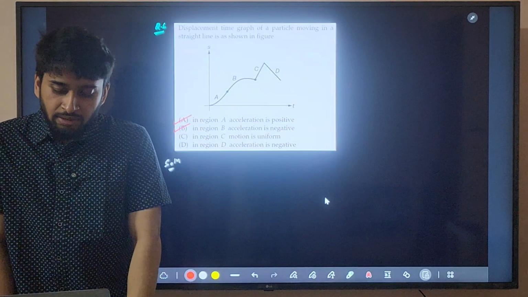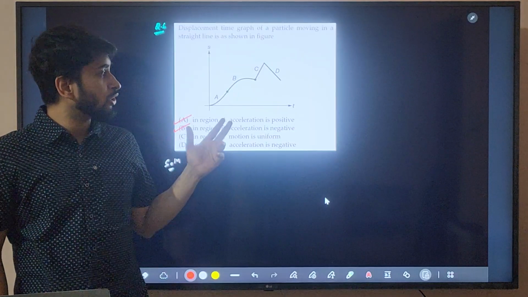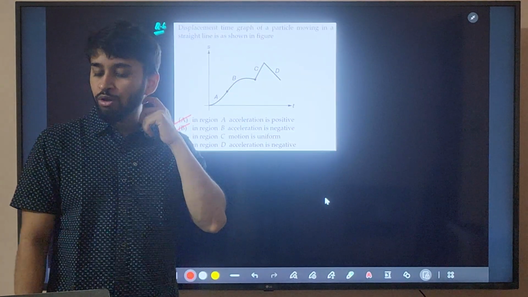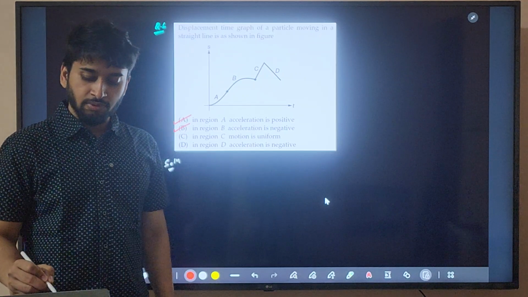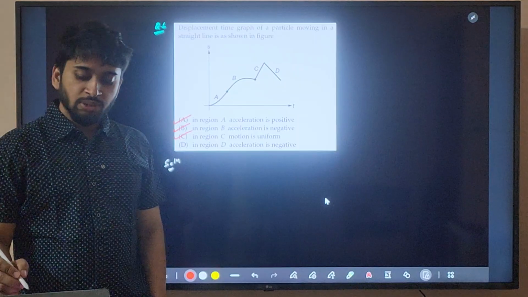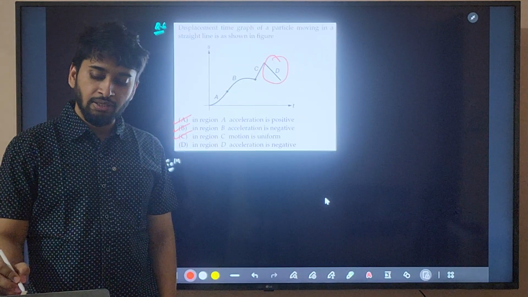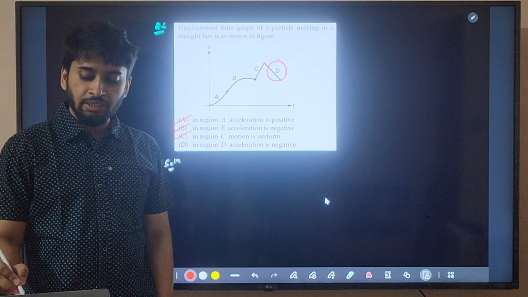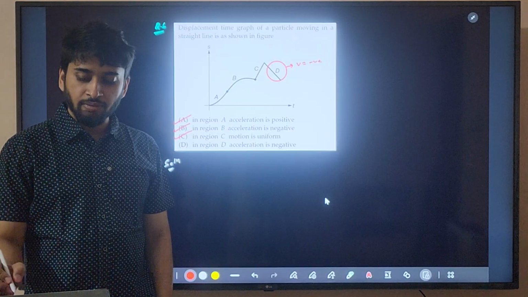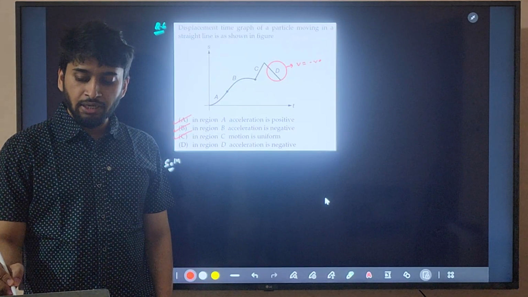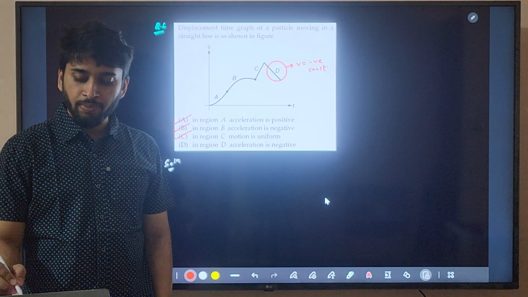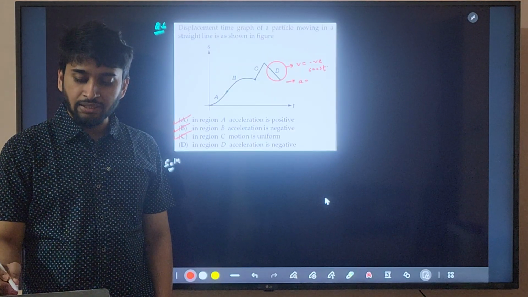Option C, uniform motion, in the sense the velocity should be constant. In part C, is the velocity constant? Yes, it is constant. In option D, acceleration is negative. But in the D part, if you see, the velocity is negative constant, so acceleration will be 0.